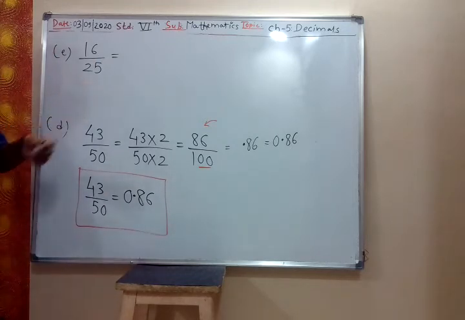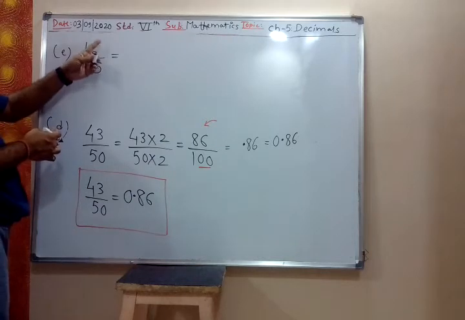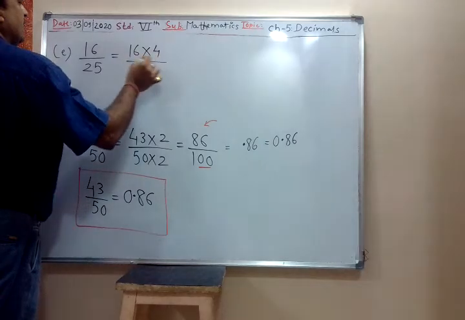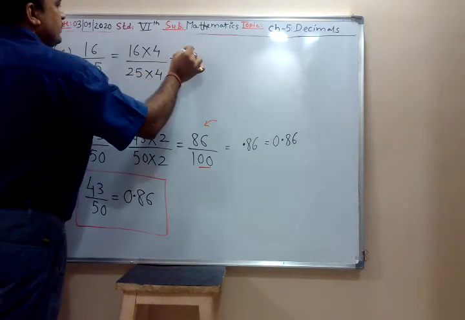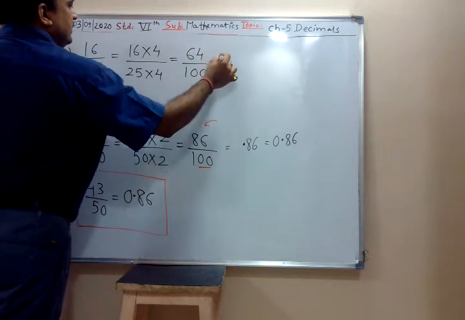This 25 we have to make 100. So multiply by 4 in the denominator and by 4 in the numerator. So 16 into 4 upon 25 into 4. 16 into 4 is 64, upon 25 into 4 is 100.